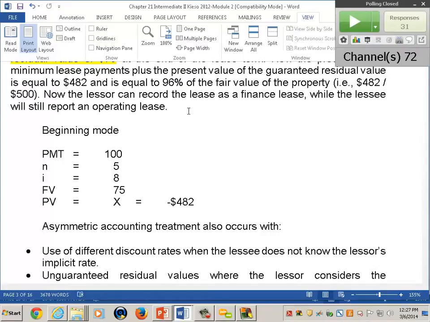I mean, what's coming down the pike is there'll be no conflict, but the lessees won't be happy because everything's going to be capital. And there are some tweaks in here. You have to remember, I didn't have gray hair at the time when I started saying that they're going to change lease accounting.